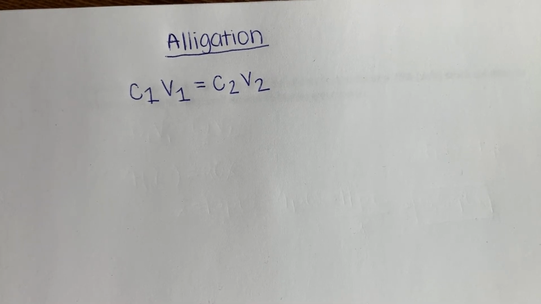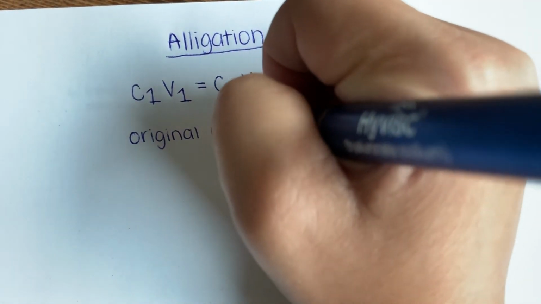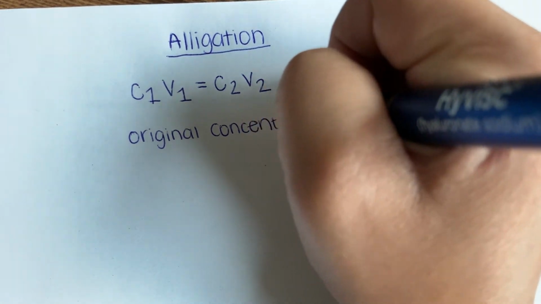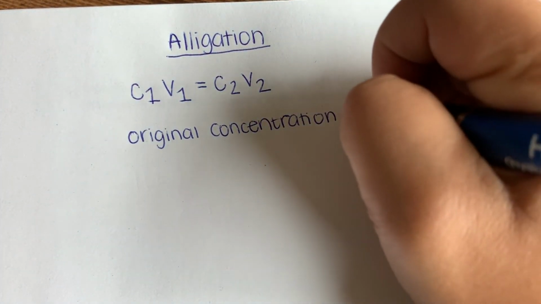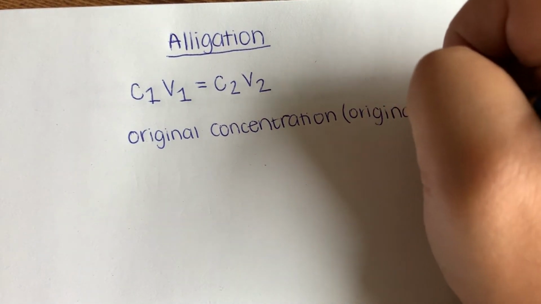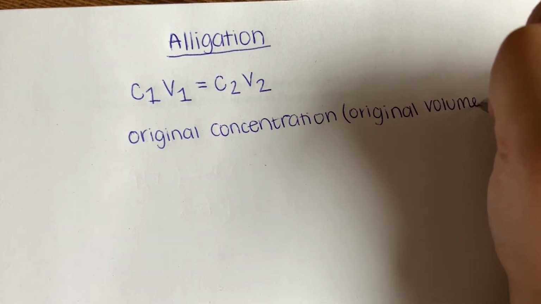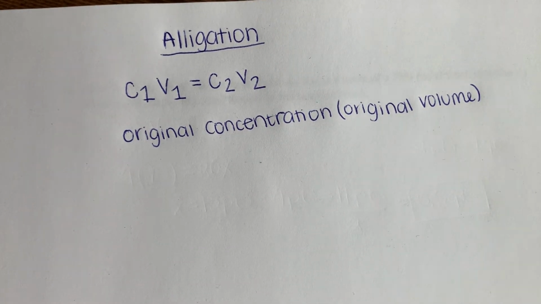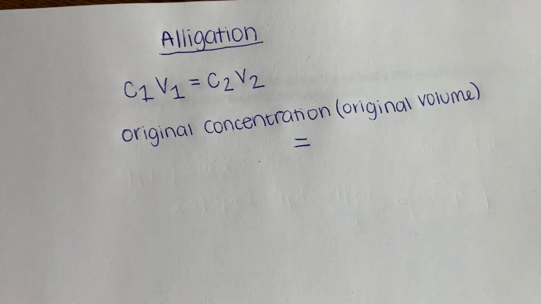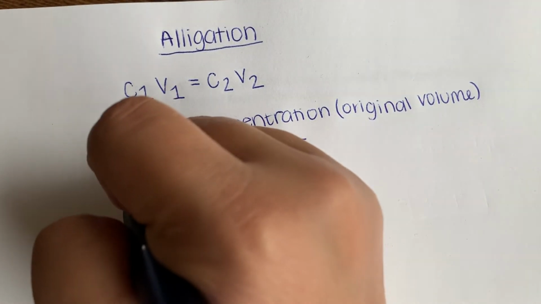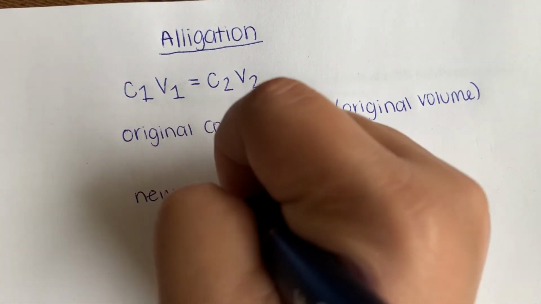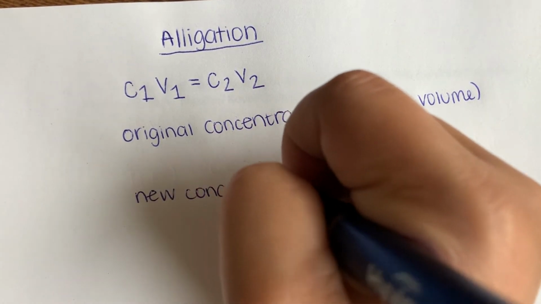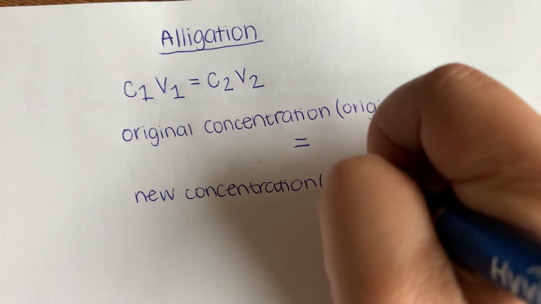And what this equation is saying is that the original concentration multiplied by the original volume should equal the new concentration multiplied by your new volume.